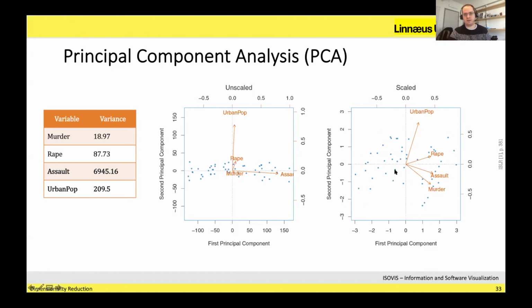And these are more or less the direction of influence of each feature. You can see in this case that they have more or less the same influence on the results, while here the urban population and the assault had much larger influence on the results than rape and murder. Murder, you can't even see because it's so small, and rape is very small like this.